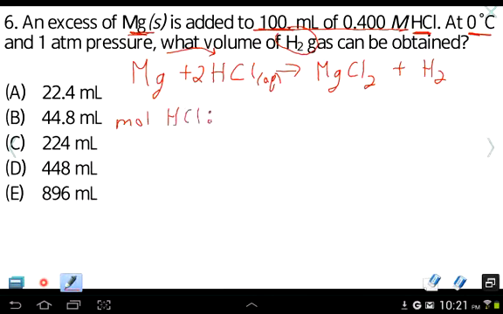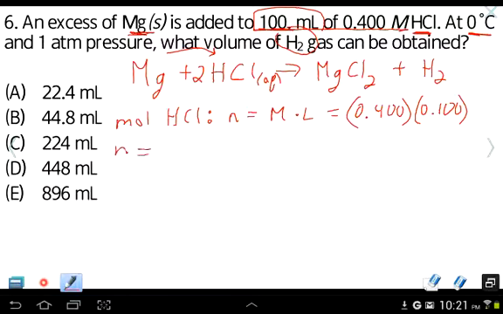Remember, moles is molarity times liters. In our case, molarity is 0.400 and liters is 0.100 because we have 100 milliliters. So 0.100 times anything just makes it 10 times less. So our number of moles, n, is actually 0.04 moles.